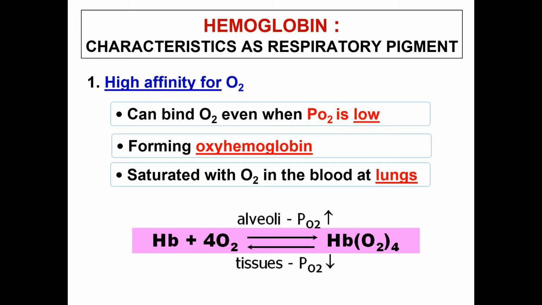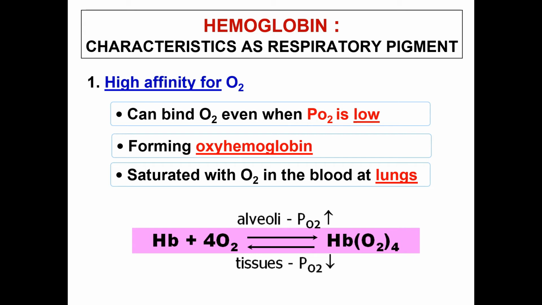Tadi ciri-ciri dia sebagai apa struktur dia, kenapa dia, apa adaptasi yang dia ada untuk membolehkan dia bawa oksigen kan. Tak ada nukleus, jadi hemoglobin dia lebih cekap, lebih banyak oksigen boleh dibawa. Satu lagi sebab dia biconcave, jadi high surface area, increase the surface area.